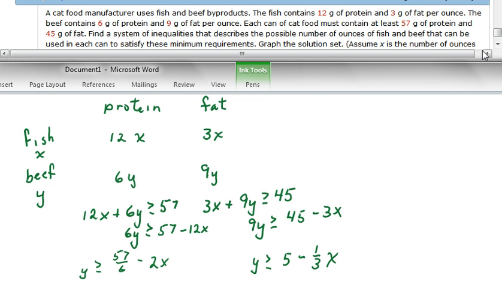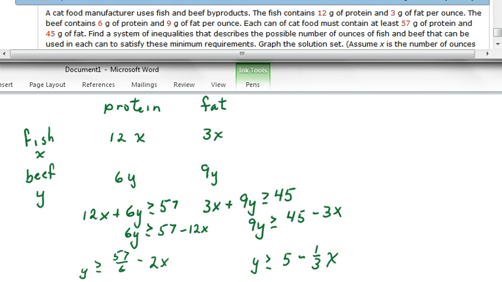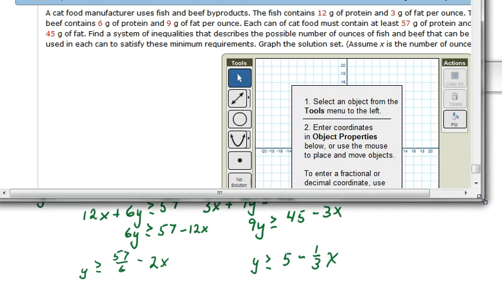So now we're going to graph this system.